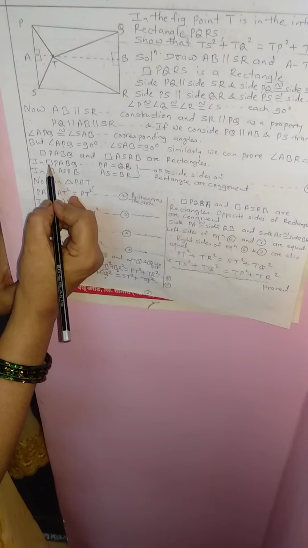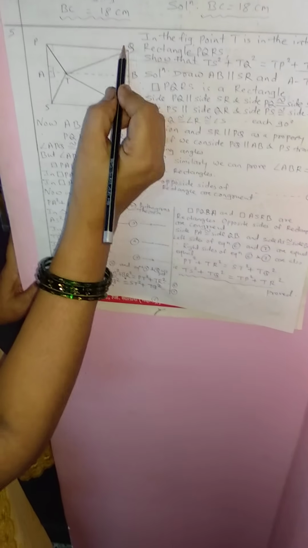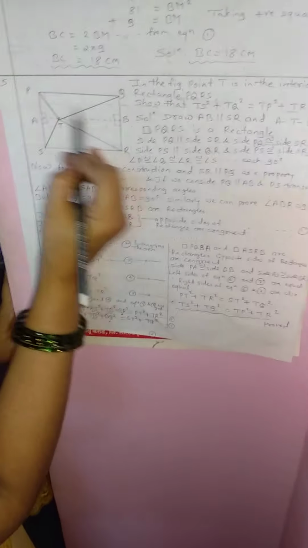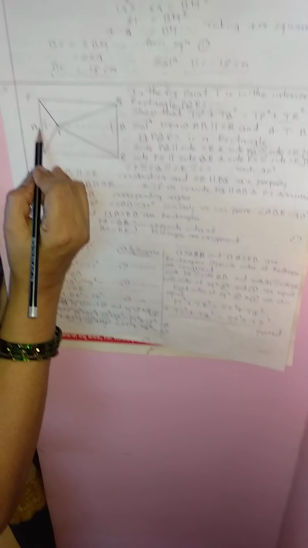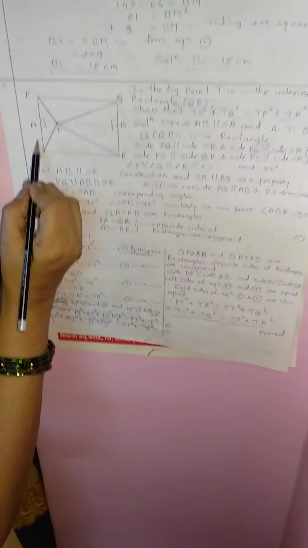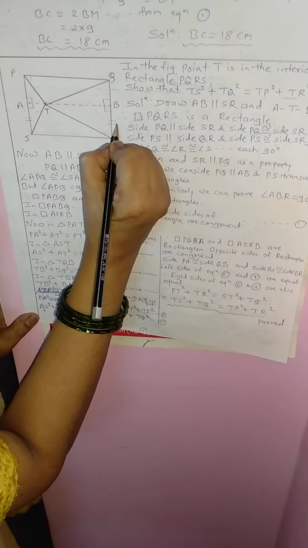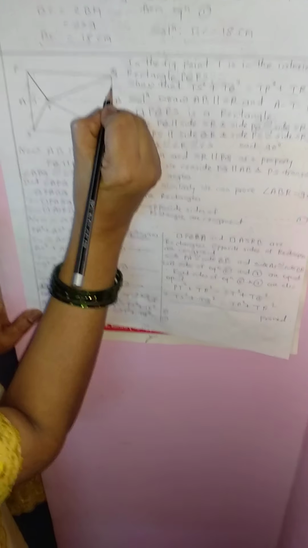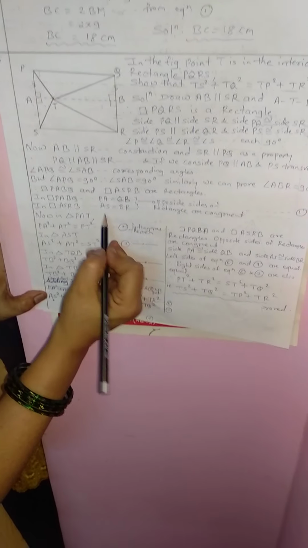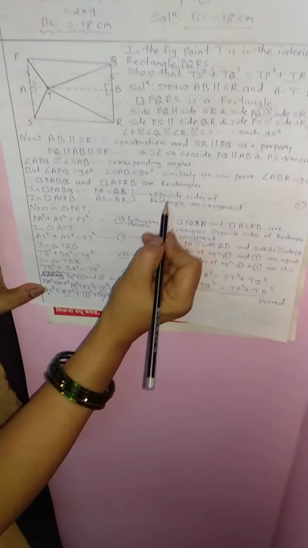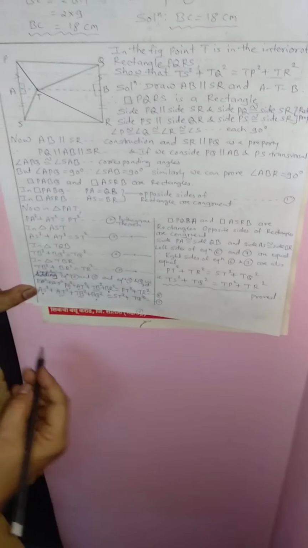Now in quadrilateral PABQ, PA is equal to QB, and in quadrilateral ASRB, AS is equal to BR. Here I will show this by identical marking like this. PA is equal to QB and AS is equal to BR. Opposite sides of rectangles are congruent, labeled as equation number 1.